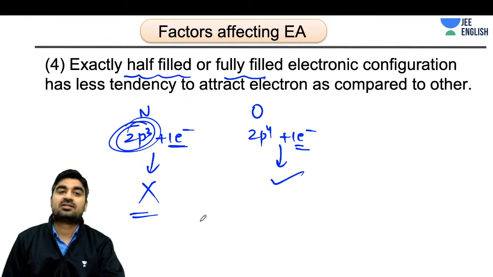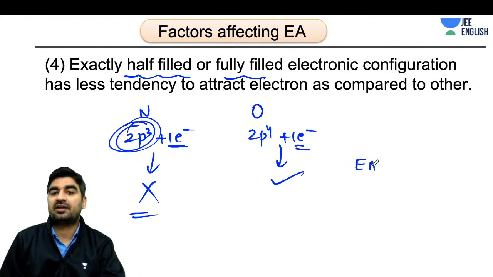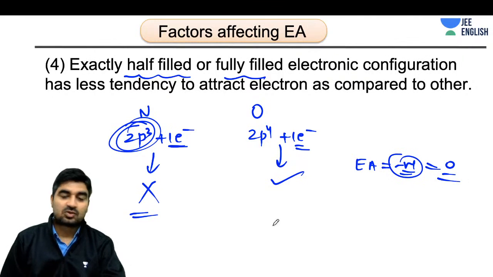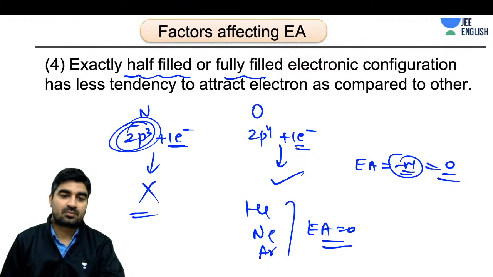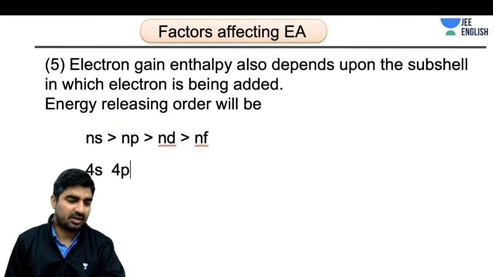So in that case, electron affinity will be negative or zero. So for noble gases, helium, neon, argon, we take electron affinity to be zero. Got it? Because they never gain electron.